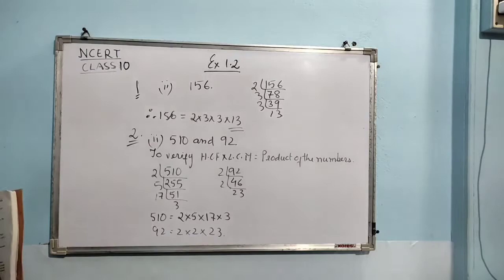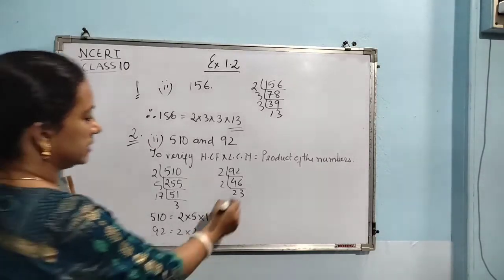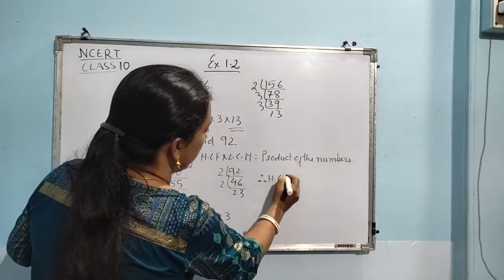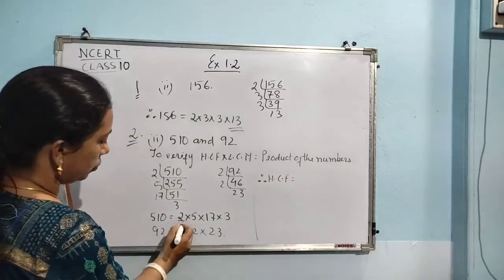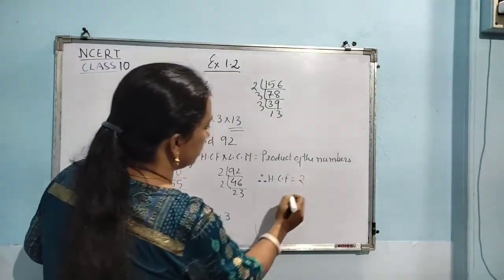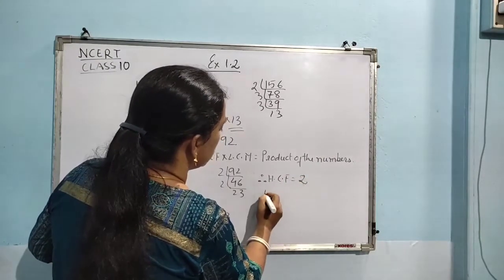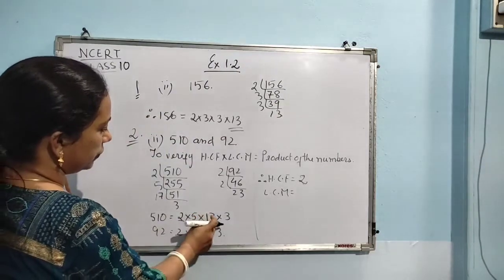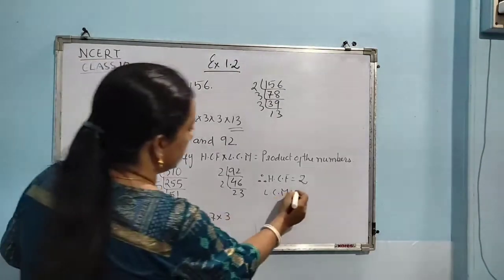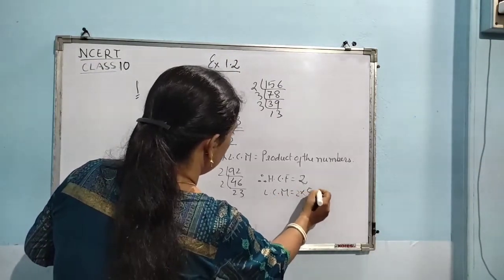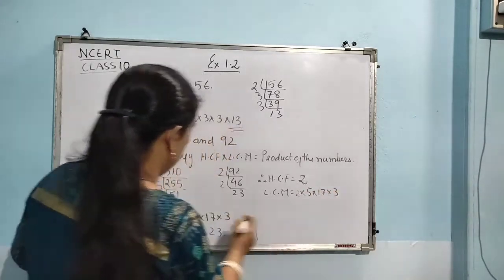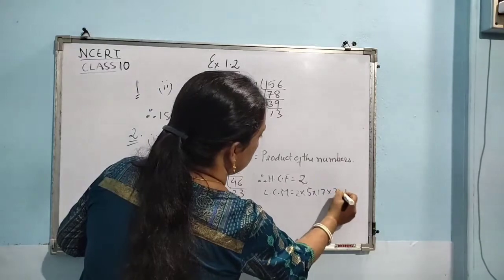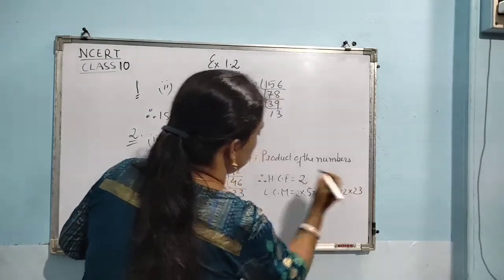Clear? Now we have to find out the HCF and LCM of these numbers. So what can we say? Highest common factor, HCF, is how much? Only 2 is common. So our HCF is 2. Now what about LCM? LCM will be 2 into 5 into 17 into 3, this entire thing, and we will be left with this 2 into 23.